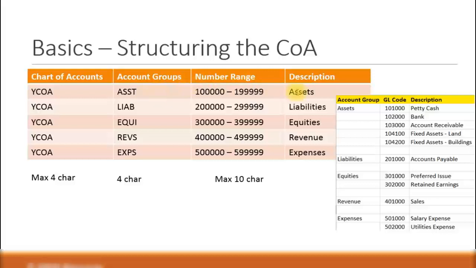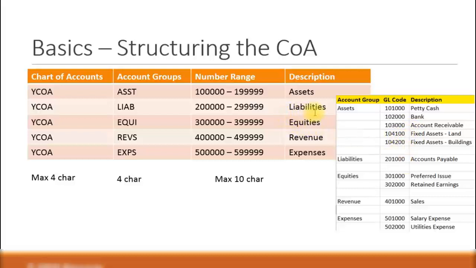Now, in this example, for assets, I have given a number range from 100000 to 199999. So then all the asset accounts I'll be creating have to fall under this number range. In this example, you can see I have given the petty cash code of 101000, for bank 102000, accounts receivable 103000, and so on.